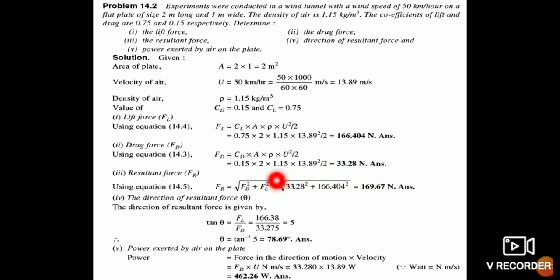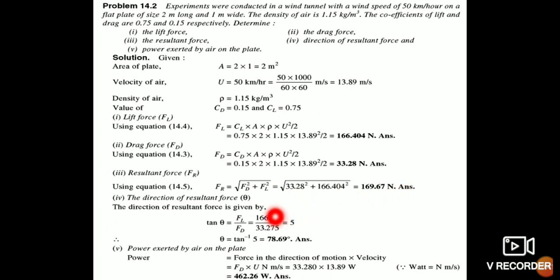So the lift force and the drag force are calculated. Then the resultant force FR is equal to the square root of FD square plus FL square. That is 33.28 square plus 166.404 square, and the total becomes 169.67 Newton. This is the resultant force.